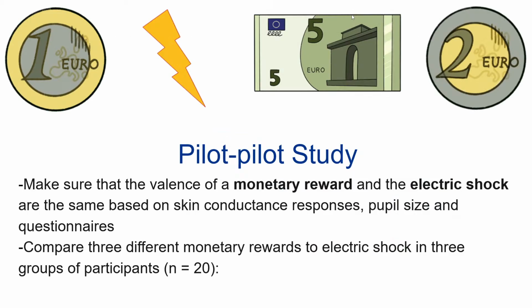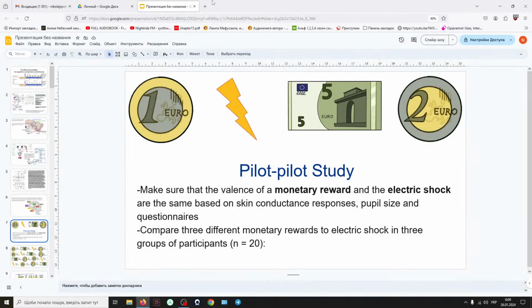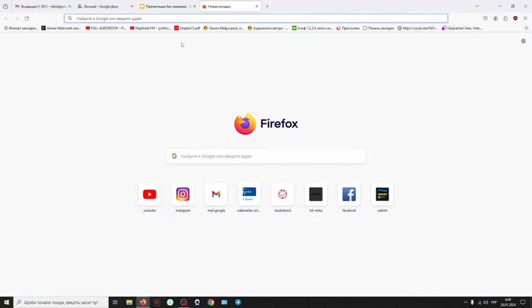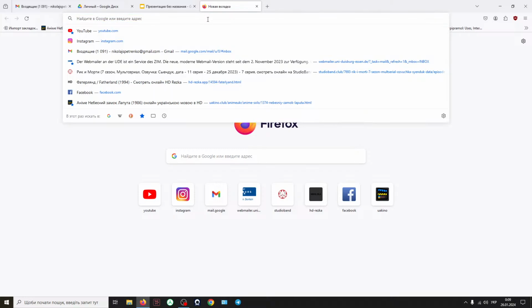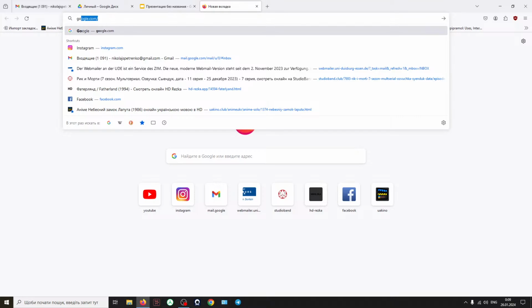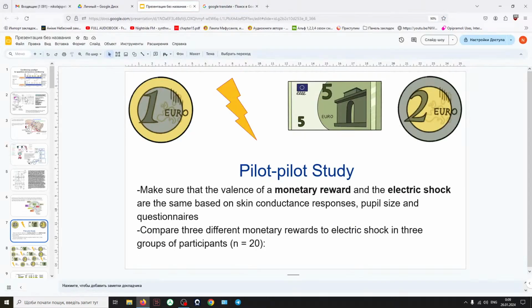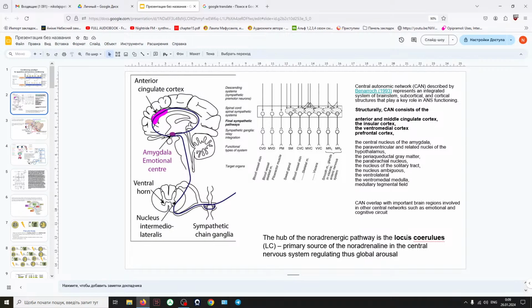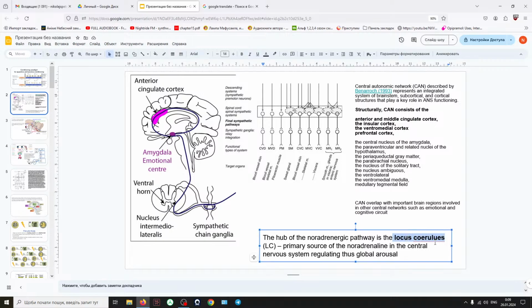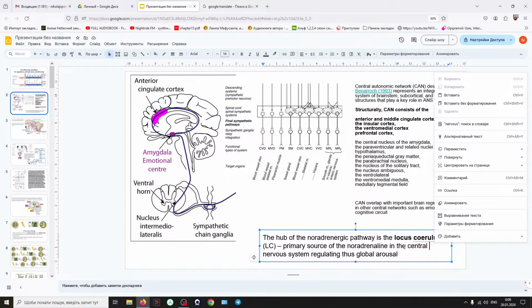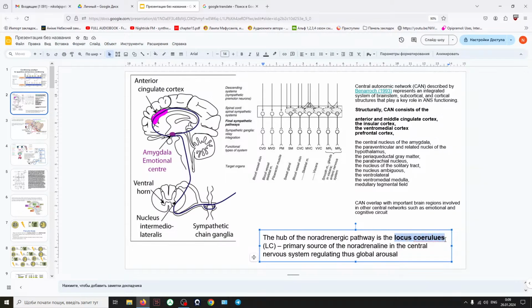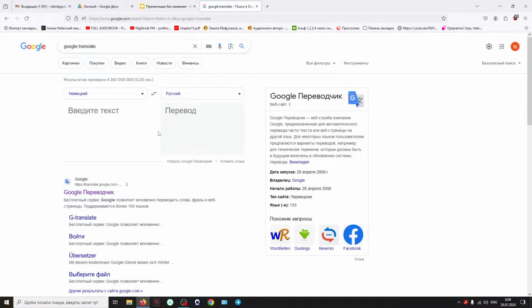Oh my god, I have to... Okay, I'm not going to... I have to know how it's pronounced. Google Translate. Sorry for that. The complicated word.